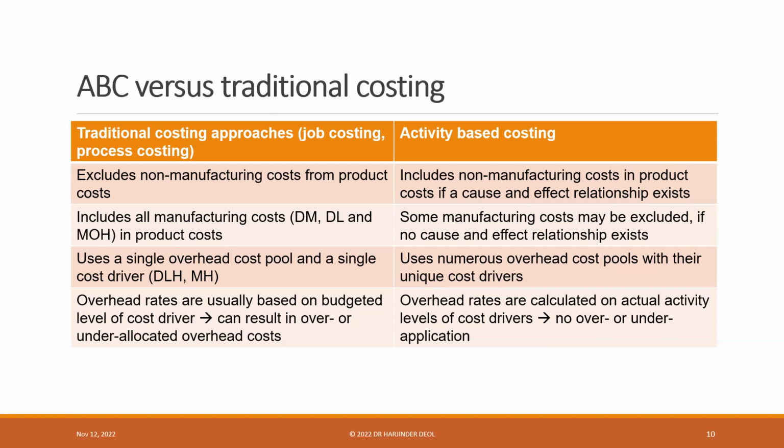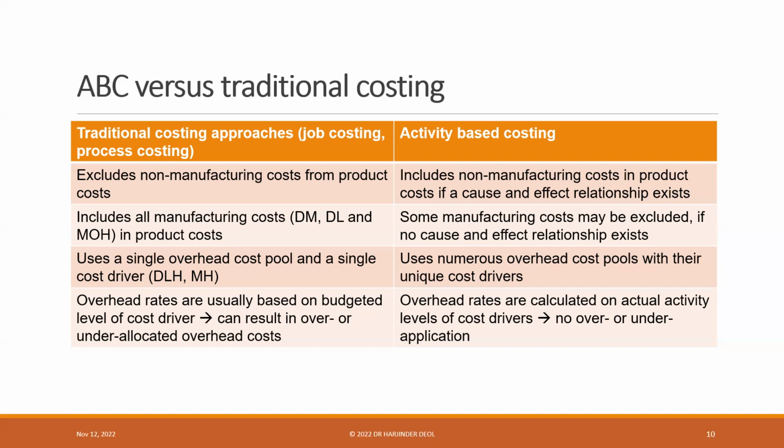A traditional costing approach will usually use a single cost driver. There might be direct labor hours or machine hours. Activity-based costing uses a number of cost pools with each having their unique cost drivers.